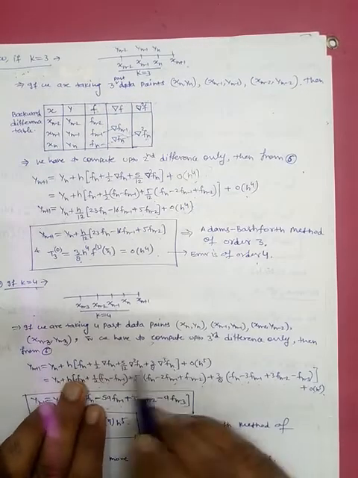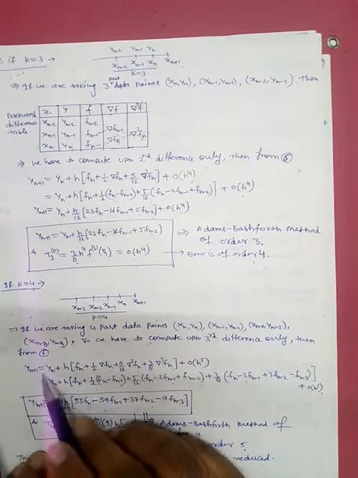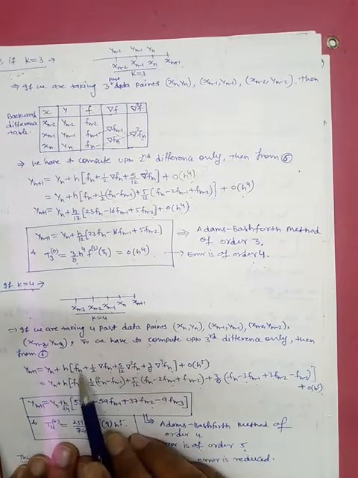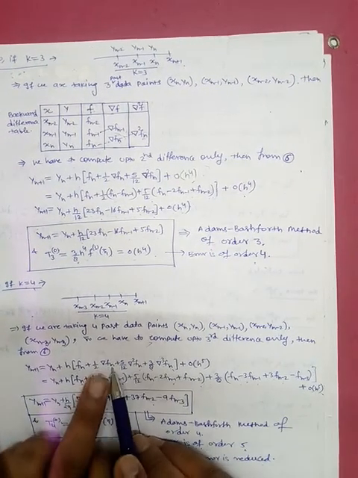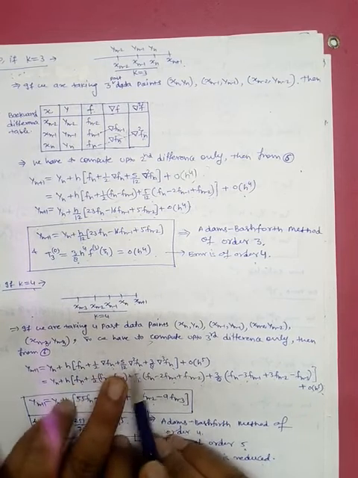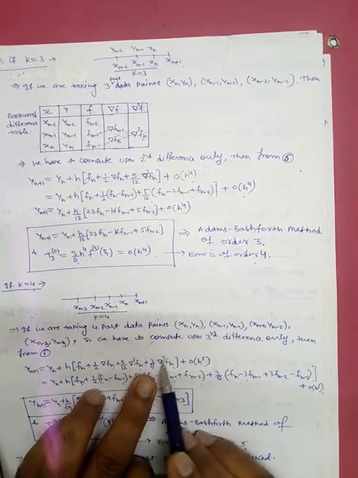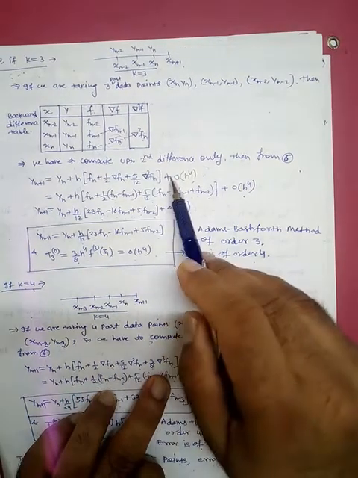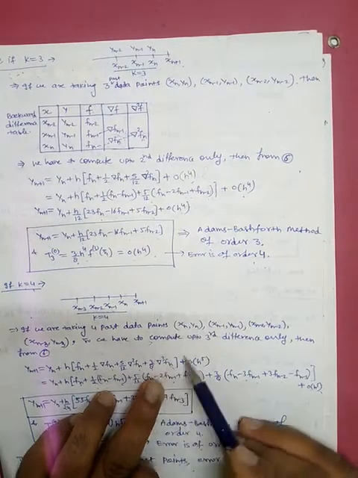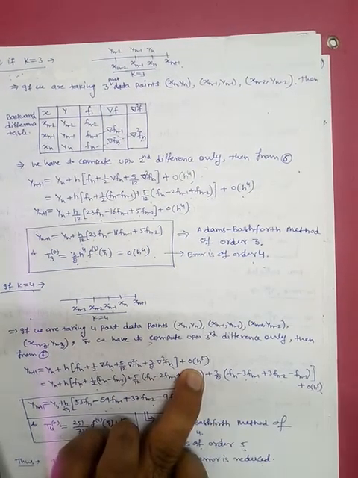So now y_{n+1} is equal to y_n plus h f_n plus half nabla f_n plus 5/12 nabla squared f_n plus 3/8 nabla cubed f_n. The order increases by one here, so plus order of h raised to the power 5.